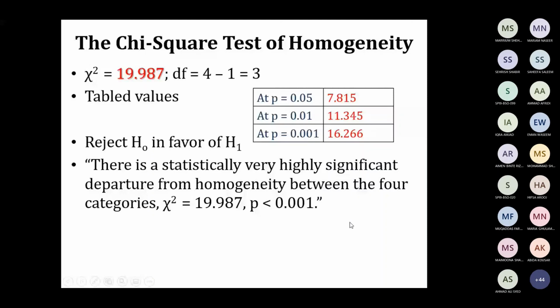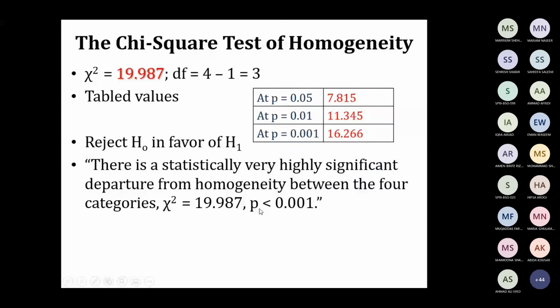You can also say that the distribution of the four species is not homogeneous in the population. The chi-square value is 19 and the p-value is 0.001. So this is another way to state it. But the recommended way is that you must include the phrase very highly significant as well. ठीक है, आप ये भी include कर लें तो ज़्यादा अच्छा हो जाएगा.